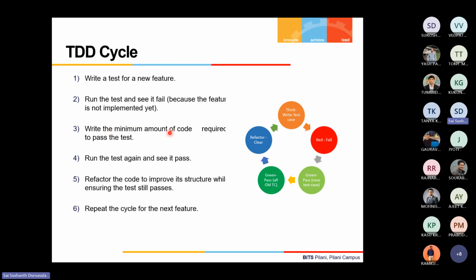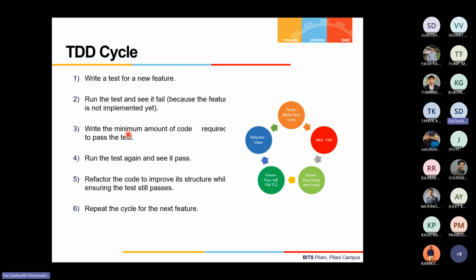Then you write the minimal code to pass this test. You test again and see that it passes, and then you optimize that code, right? Initially the focus is on correctness, then you optimize it to improve performance. So first get it correct and ensure the test case passes. Then you refactor the code to improve the performance, right?